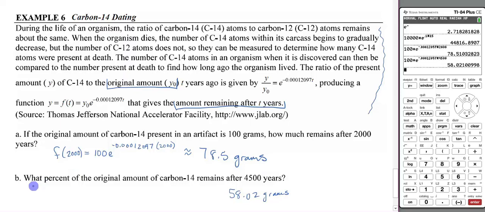But the question being asked is what percent of the original amount? Well, the original amount was 100. You can even think of that as 100%. And this is the amount that was left. So 58.02 is 58.02% of the original 100 grams of carbon-14.